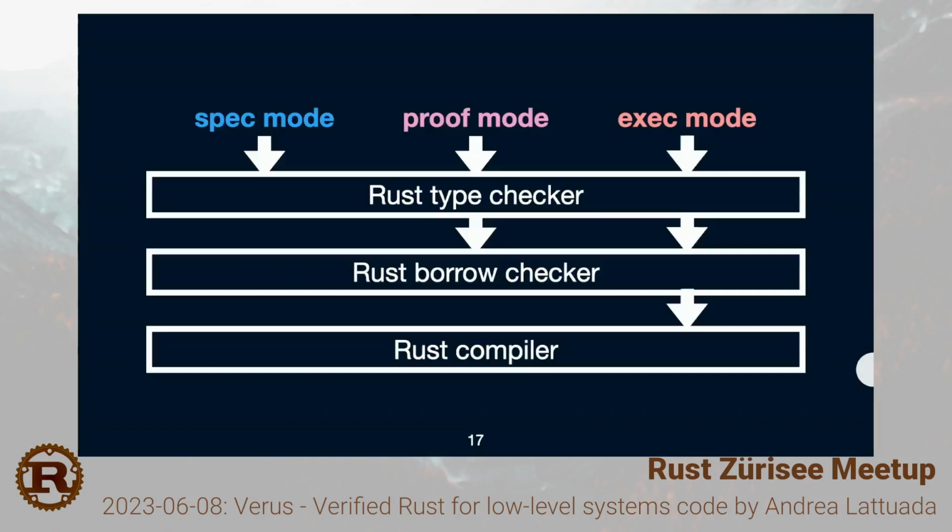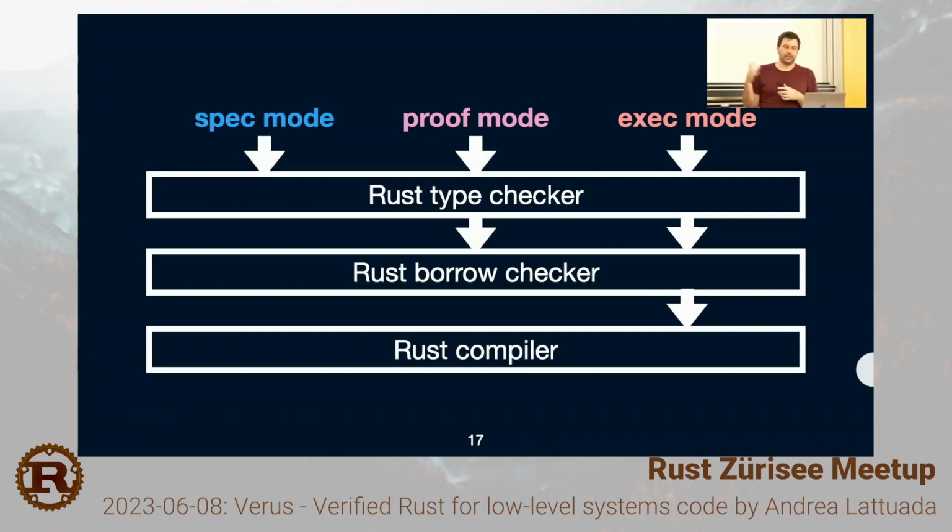Great. So the interesting thing in Verus is that we treat, this is not quite exactly accurate, but I think a decent approximation, that we have three modes of code that we've seen, and we only type check spec code. We don't borrow check it. Which means that you actually can violate some of Rust's restrictions on aliasing in spec mode code, but that's sound because spec mode code is just a functional language.